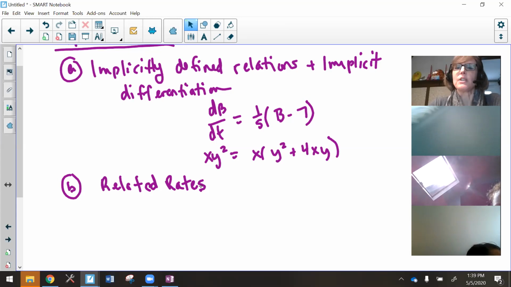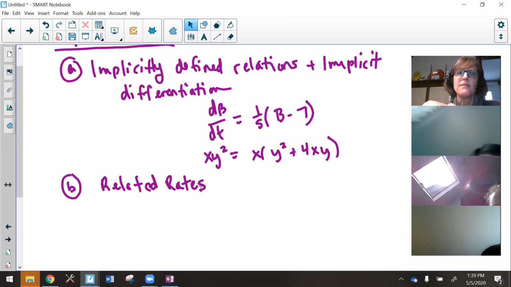The x direction changes at one rate, the y direction changes at another rate, but I want to know how the distance from the origin is changing. So you need to be able to set up and solve related rate problems.